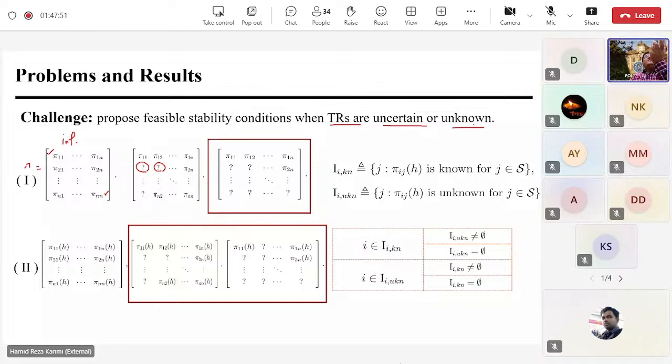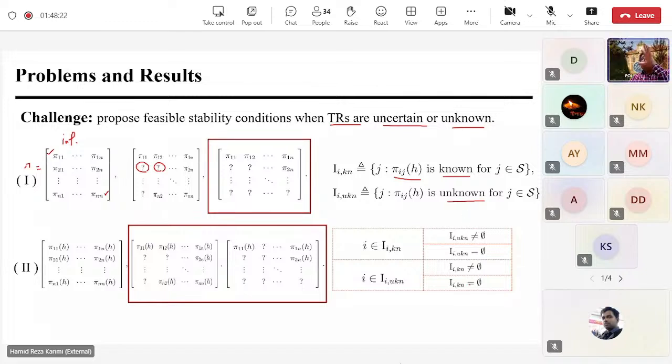One case is that all the transition rates are given, or known. Or maybe some parameters for some indices, pi_ij, are unknown. So for the transition rate matrix: full information, some unknown terms, or even some uncertain terms.